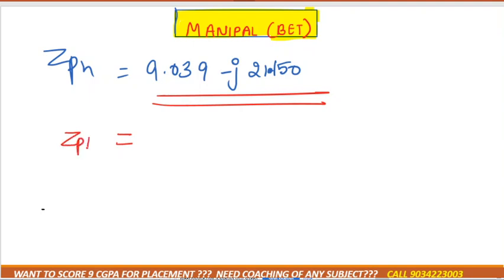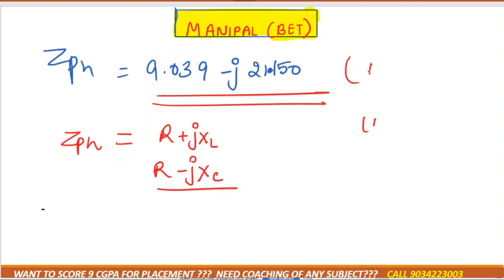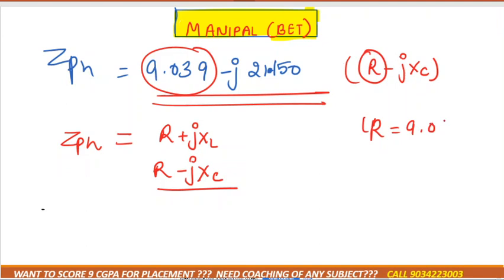Now if I compare it with the standard equation, as I told you, if R and L are there, then we use R plus jXL, and if minus is there, then we use R minus jXC. So we can say it's R minus jXC. From this we simply get the R value as 9.039, right?